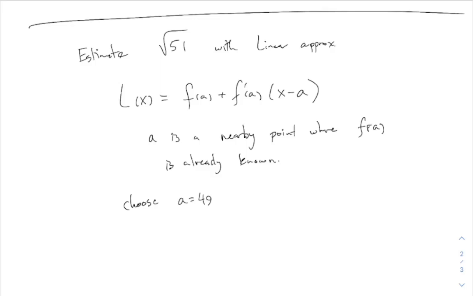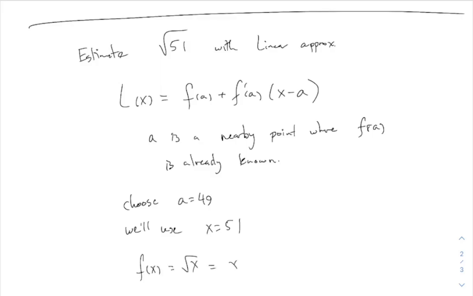In order to use this formula here, we'll use x equals 51. That's the actual thing that I'm trying to estimate the square root of, the 51. In order to plug into that formula, so I have the a and the x, I also need the f. The f is the function that I'm trying to approximate, which in this case is square root of x.